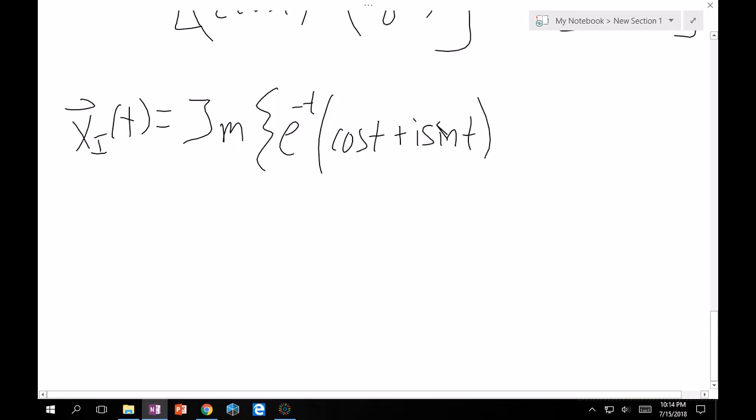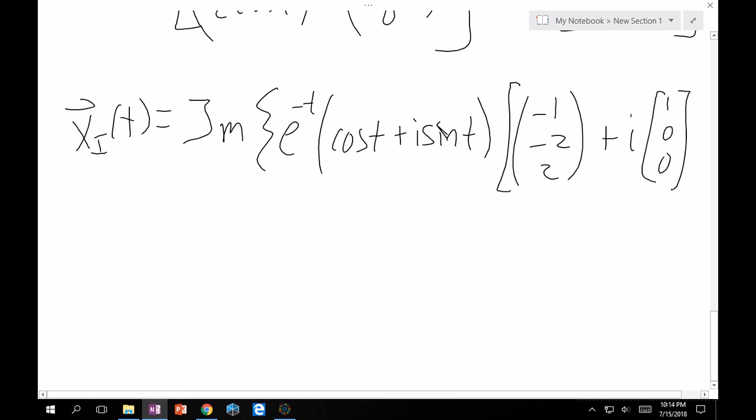No worries. Is, again, the v vector, (minus 1, minus 2, 2) plus i (1, 0, 0). Right? And then I really should put the brace to close it off.